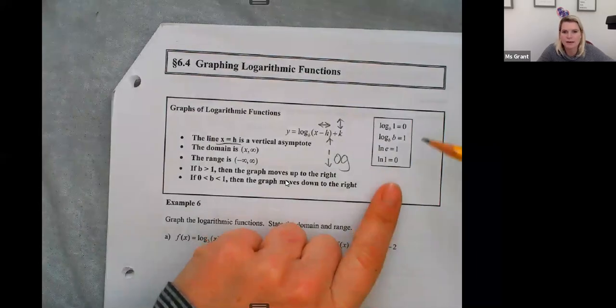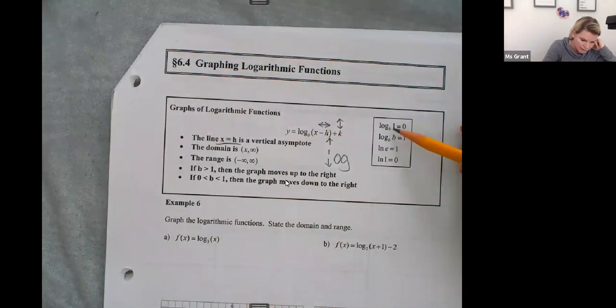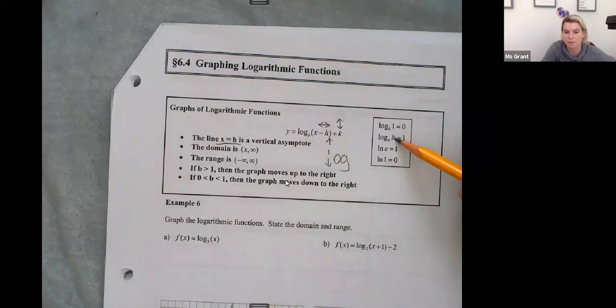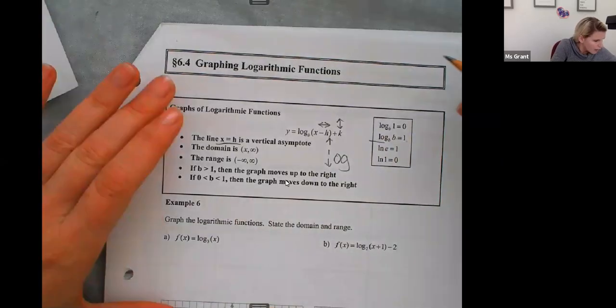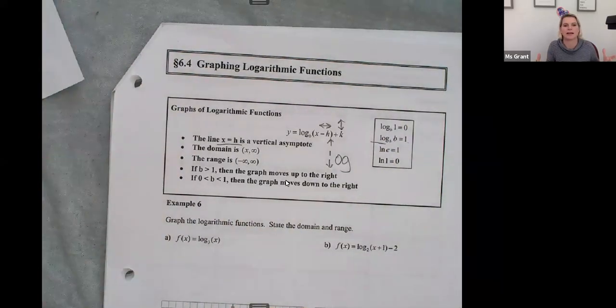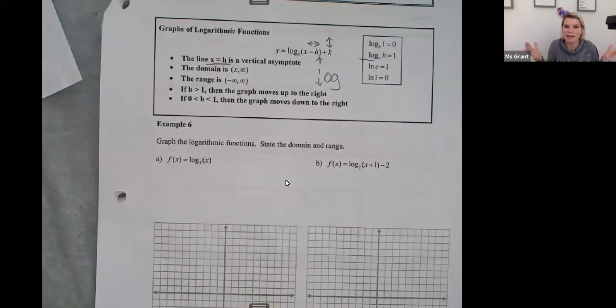I put this box here because it's really important for you to know. I've got log base b of 1 equals 0, log base b of the same number equals 1. So those are the first two we're going to use. I need to pick values for x. I'm going to graph and make a table of values, but I don't know what values of x to choose.